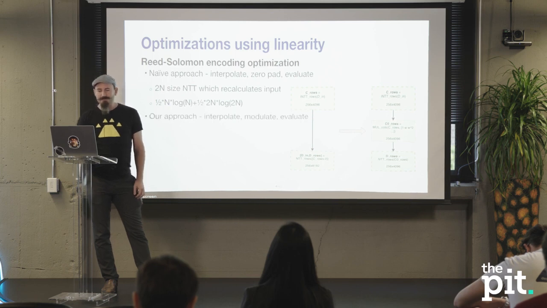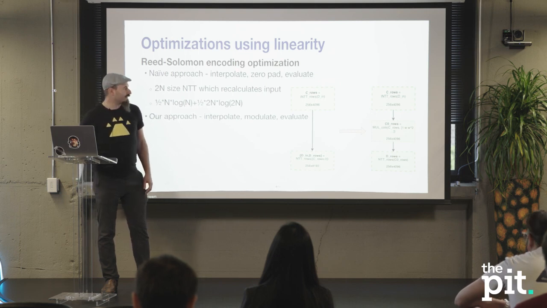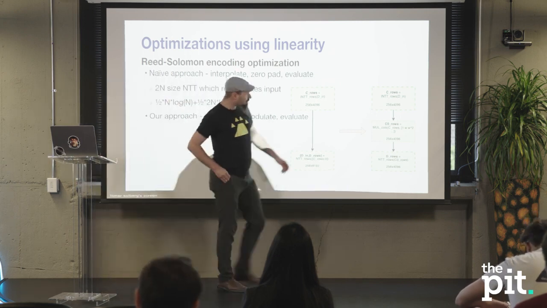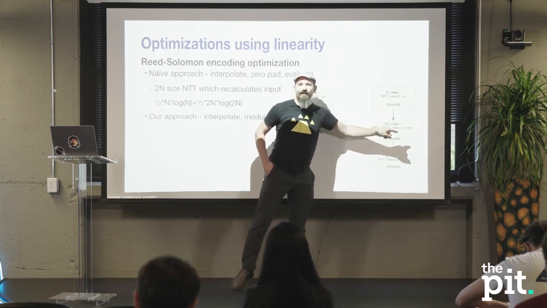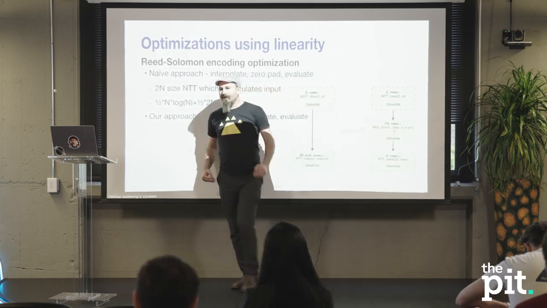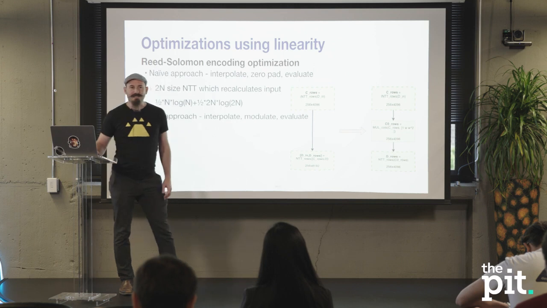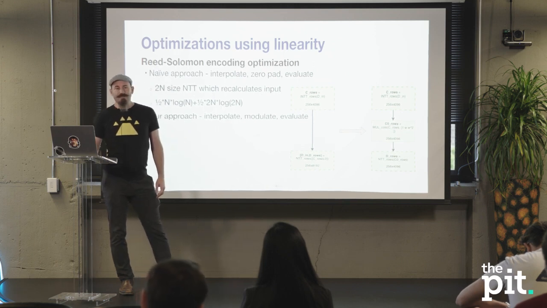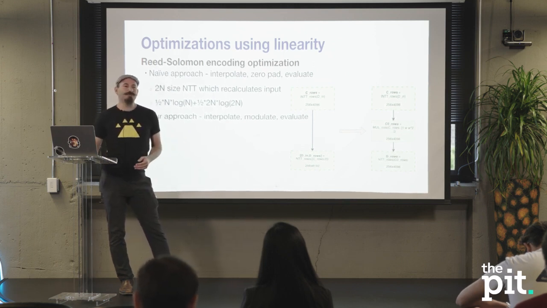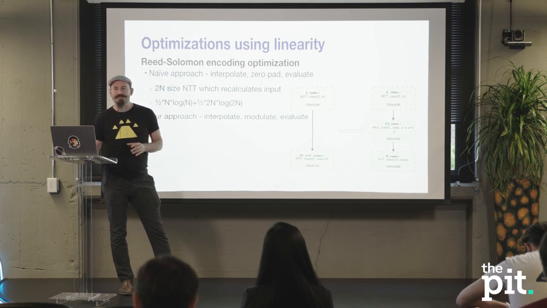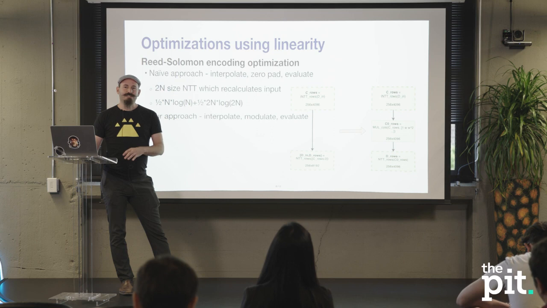In our approach, we do something a little different. We interpolate, we modulate, and then we evaluate, where the modulation is multiplying each row by corresponding roots of unity. Then when we evaluate, we don't do a 2n NTT, we just do an n-sized NTT, so that we only calculate new data.